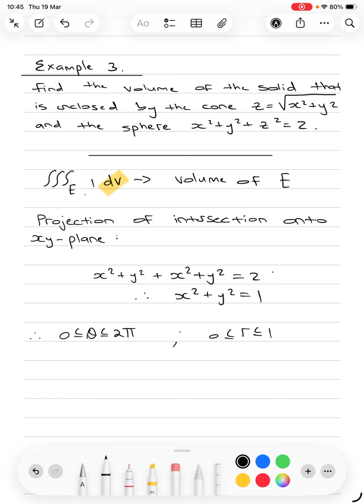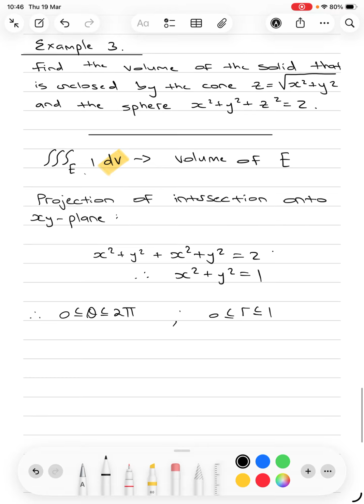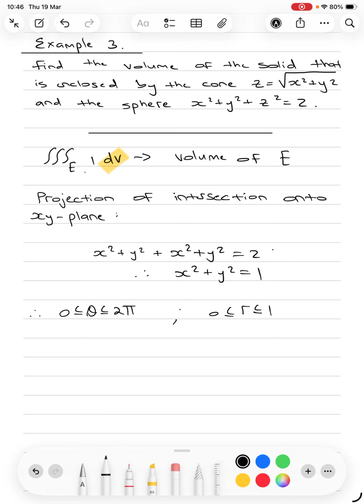Now we have to think about what happens for the z values. So you have a region enclosed by two surfaces. So the z values would have to be restricted by the lower surface, which is the cone, and the upper surface, which is the sphere, right? So that takes us here.